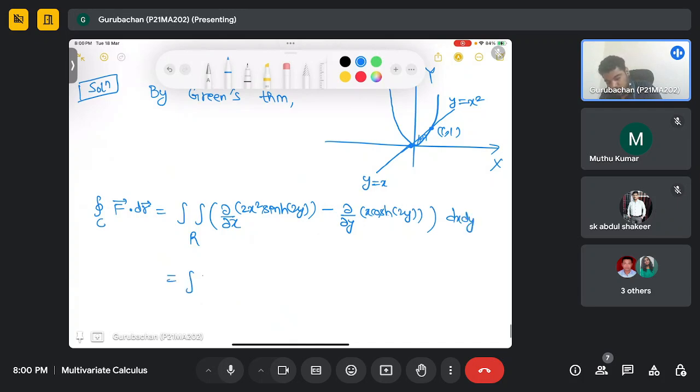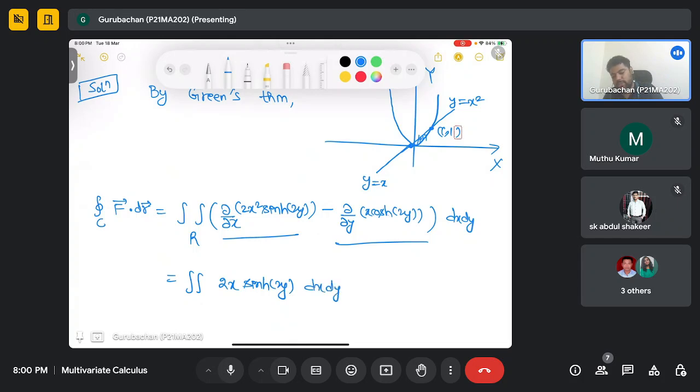So this will give you 4x sine hyperbolic 2y, and this will be giving you 2x sine hyperbolic 2y. So you are left with 2x sine hyperbolic 2y dx dy.